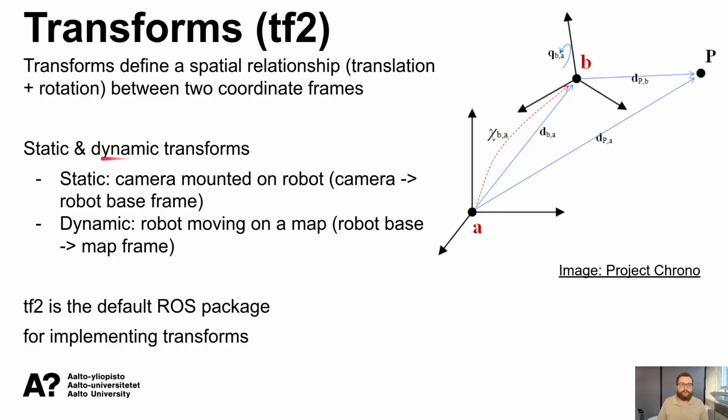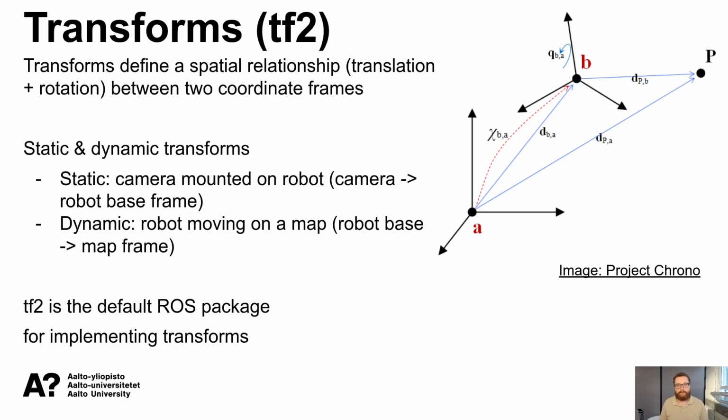In ROS, there are two main kinds of transforms: static and dynamic transforms. The one that I've just been describing to you is a static transform, because if you have the camera rigidly mounted on your robot, the transform between the robot coordinate system and the camera coordinate system remains the same. But you also have dynamic transforms, which means that the transform is continuously changing.